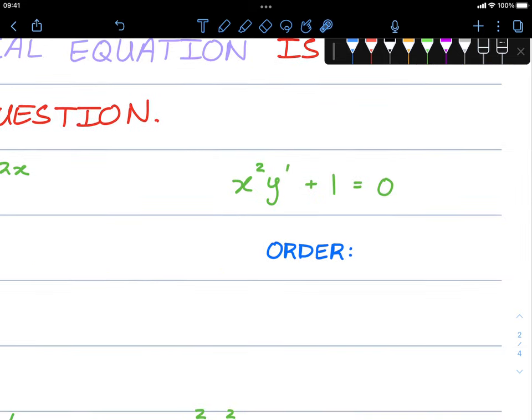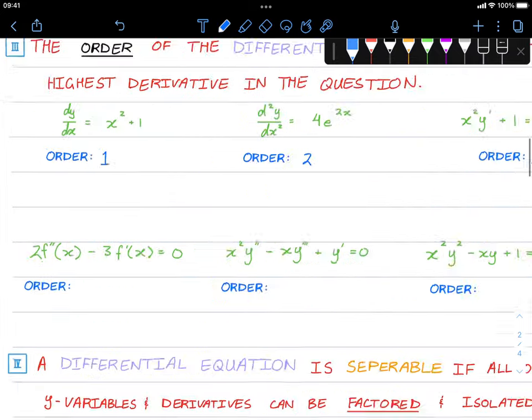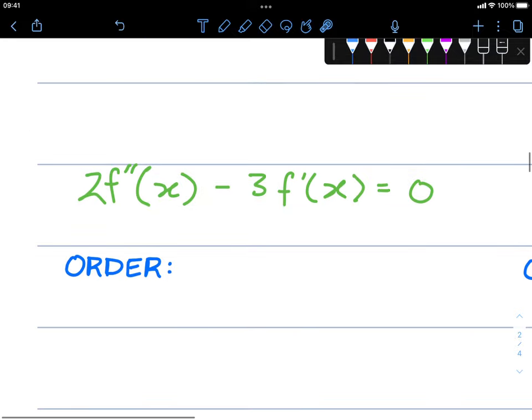Even if it's presented in a rather mixed up manner, we still have the first derivative here, so this is order 1. Likewise with this, even if the notation looks different, we still have the second derivative here, f double prime, so this is order 2.